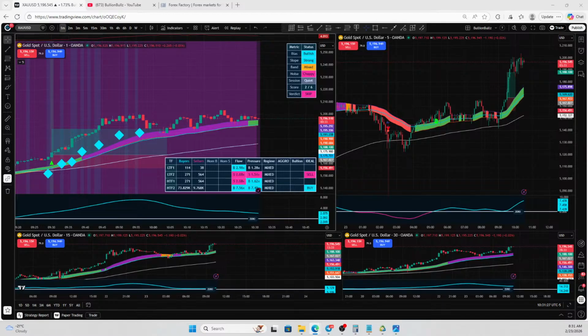Strictly follow the rules that we have laid out. The market's pretty slow right now. You can see from price action, it's telling you the market's pretty slow.